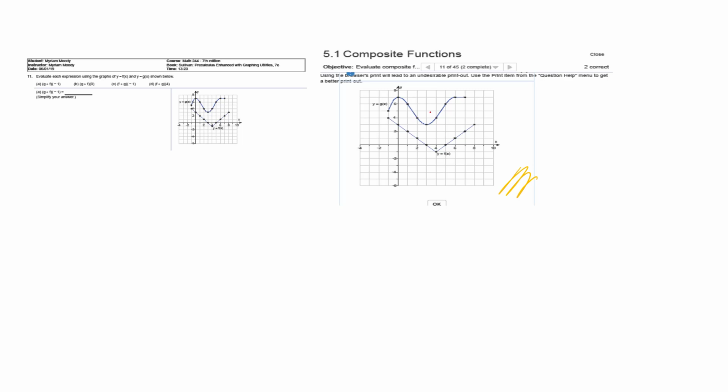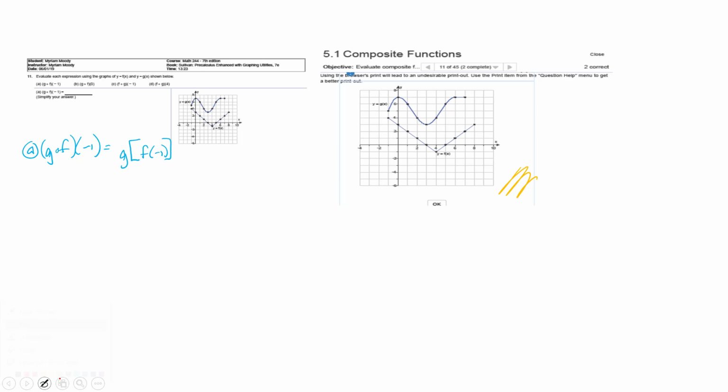So, the very first problem that we are going to work on is problem A, which is G composite F of negative 1. Definition says G of F of negative 1.